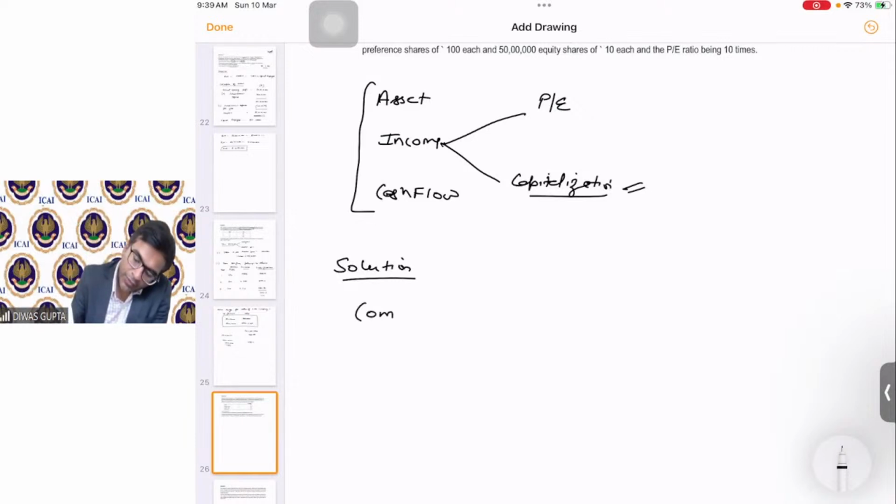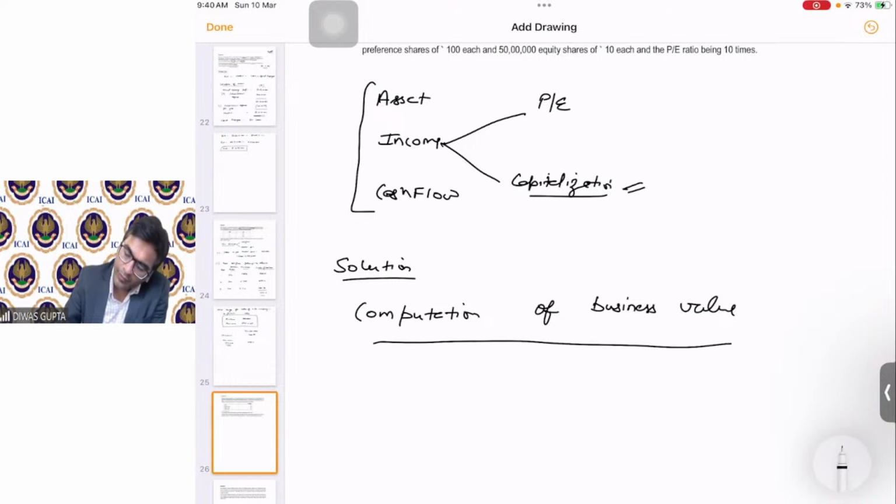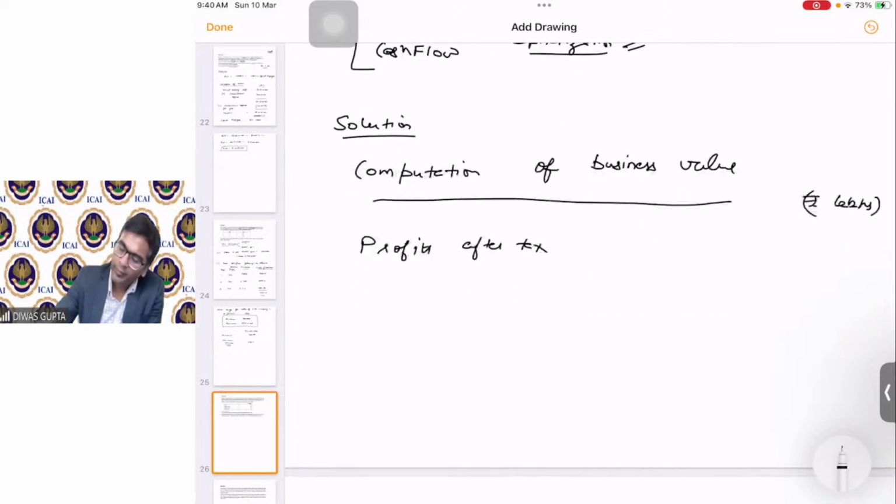So computation of business value. Okay. So we will start with profits after tax, rupees in lakhs. Profit after taxes 77 lakhs. Add tax.